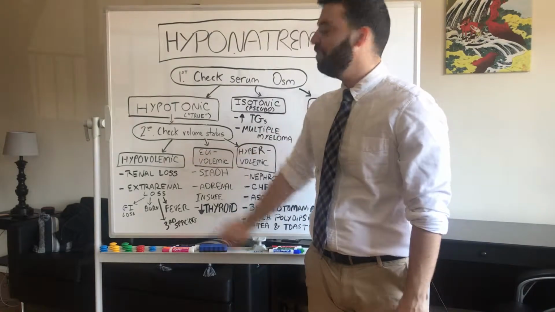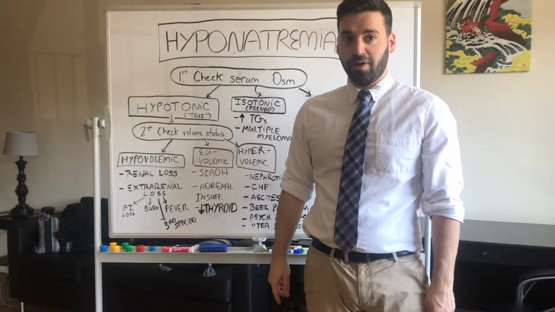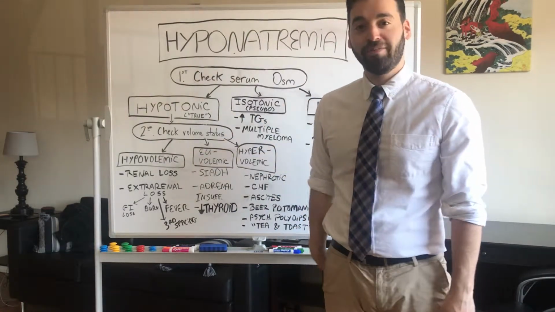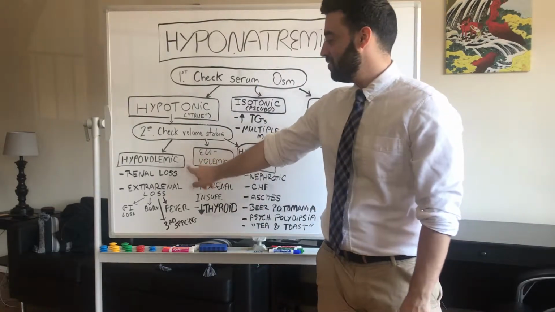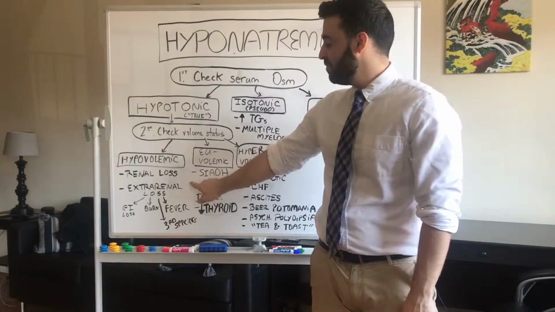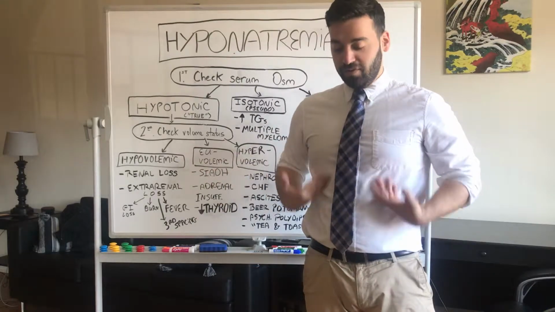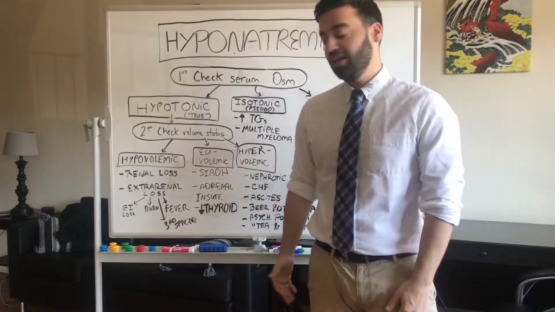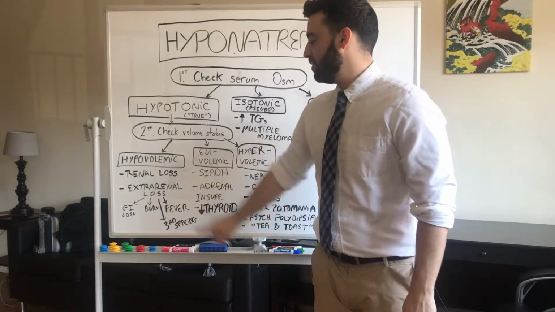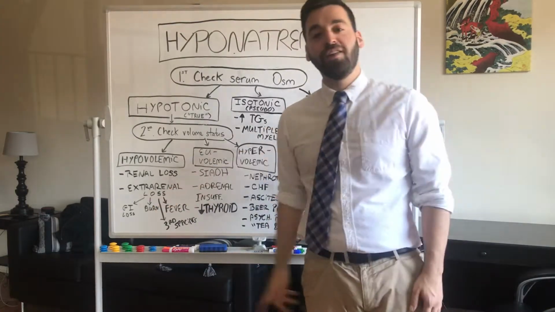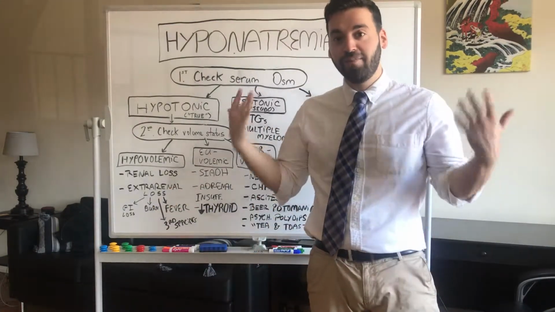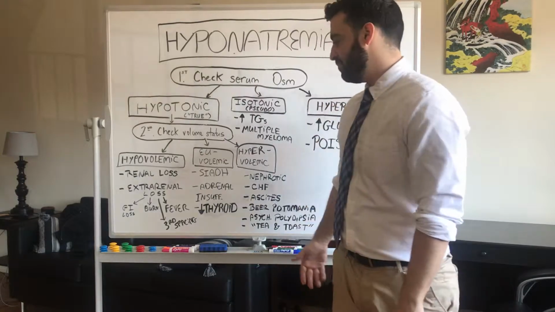If your patient has hypovolemic hypotonic hyponatremia, then they have low blood volume, so they're losing volume, either from renal losses, so they're excreting too much from the kidneys, or extrarenal losses. They can have GI losses, where they're diarrheaing or vomiting and losing water that way.